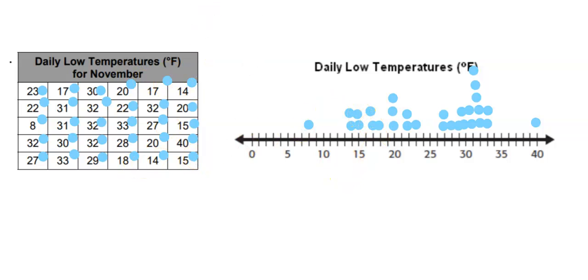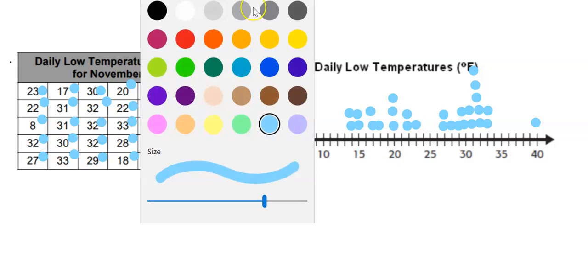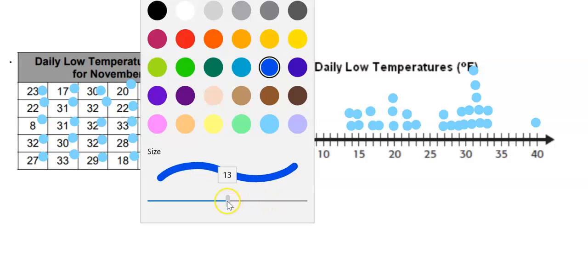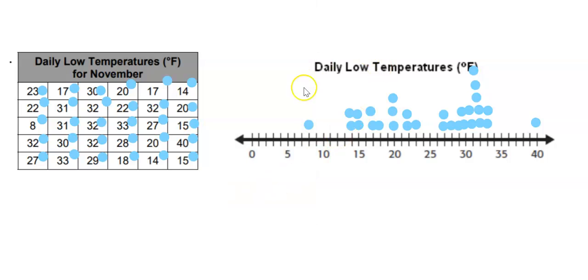Okay, so let's talk common sense right now. So we're going to talk about our outliers. Remember, our outliers are the numbers that are on the outside, that are farthest away from the center of the data. So majority of our data is centered between the numbers of 14 and 33. They fall right here, and then there's a small little gap right here. So we have a cluster here, and we have another cluster here. But then we have two outliers.